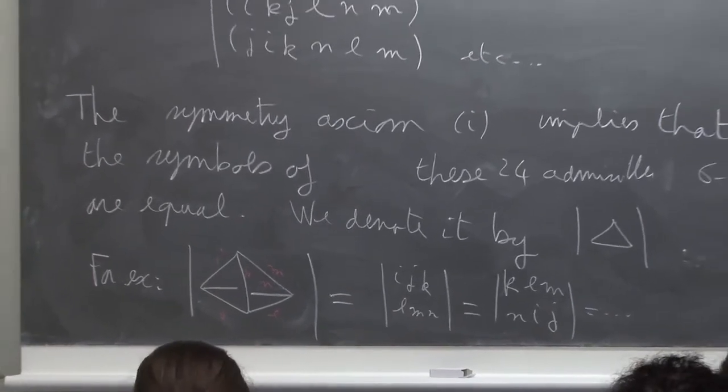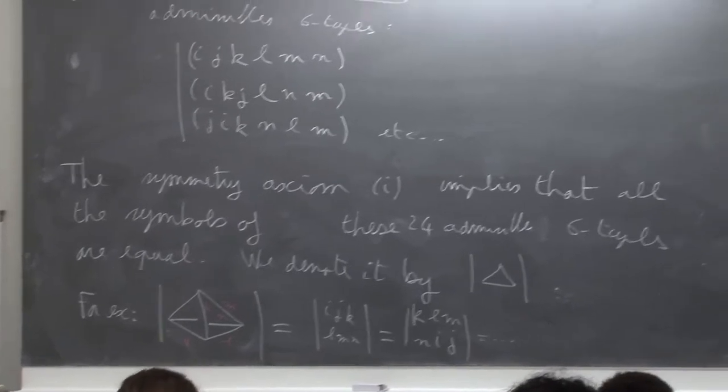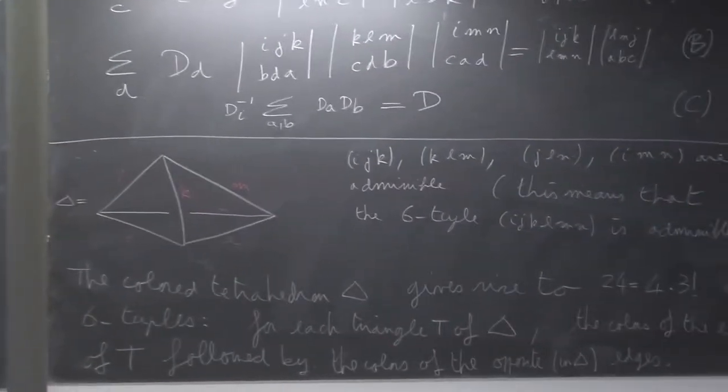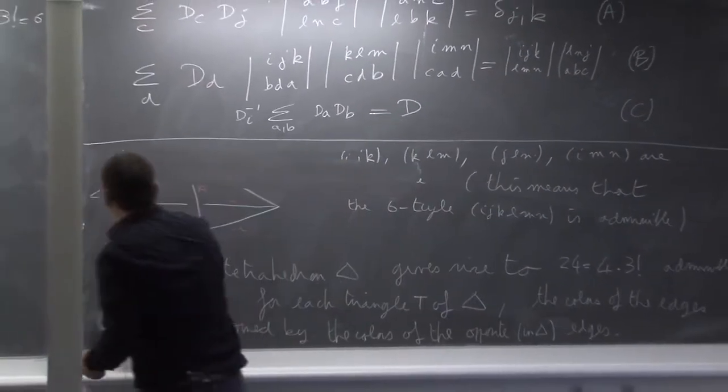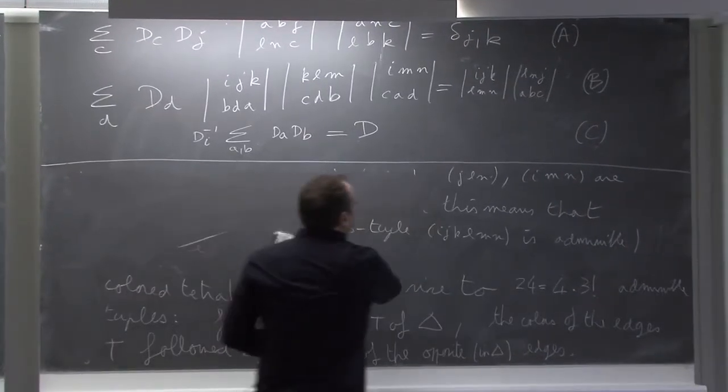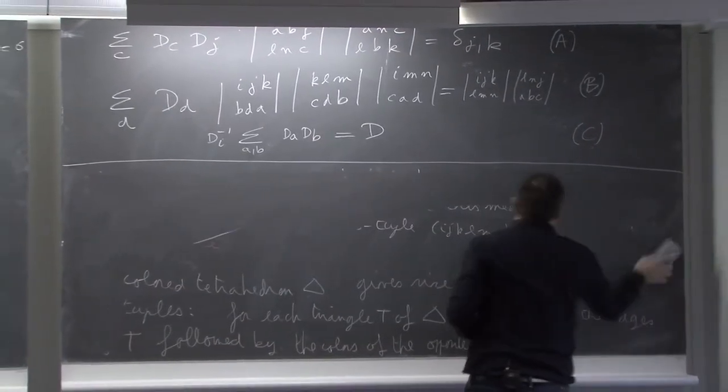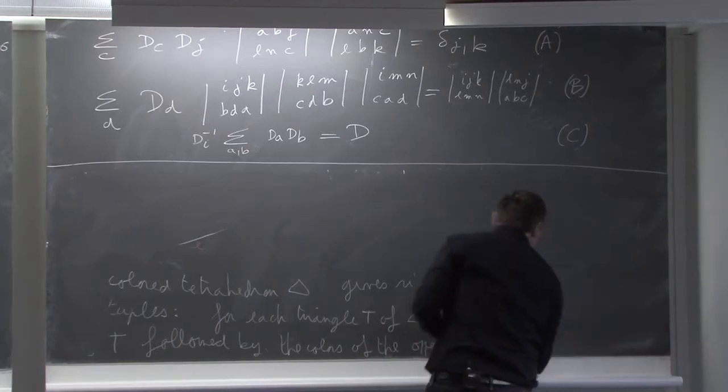Okay. So this was for color tetrahedron. So now we are ready to define the invariance as a state sum.